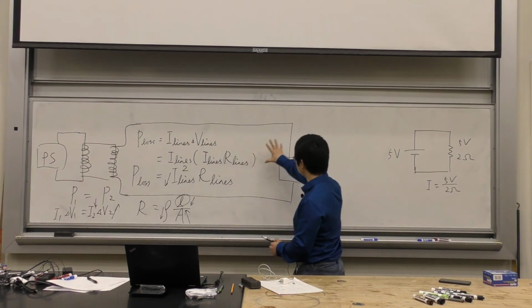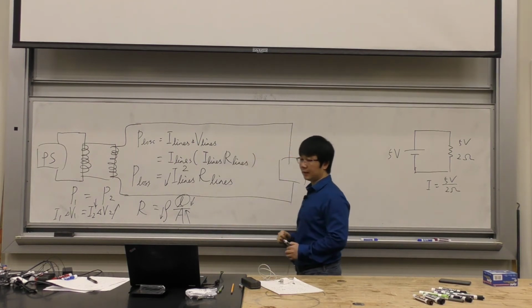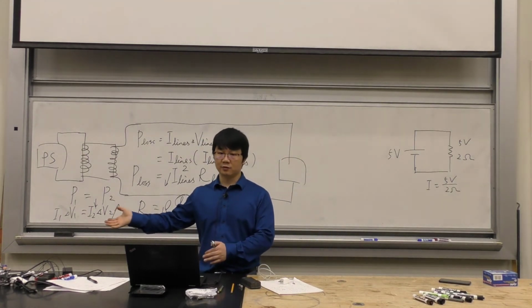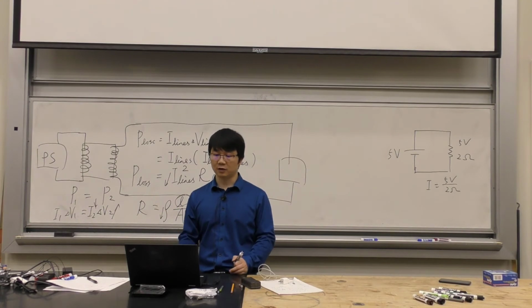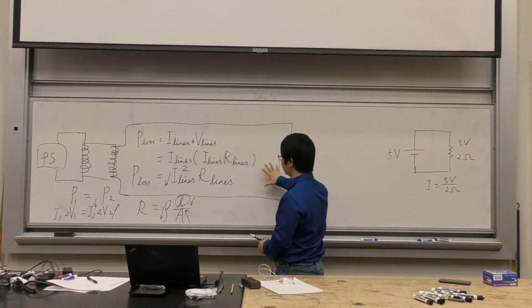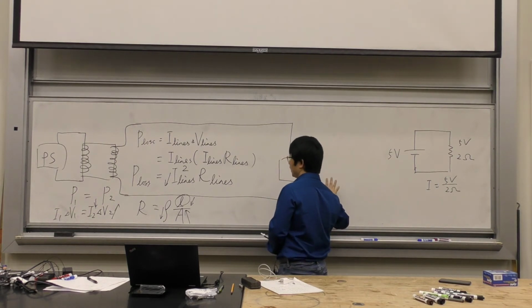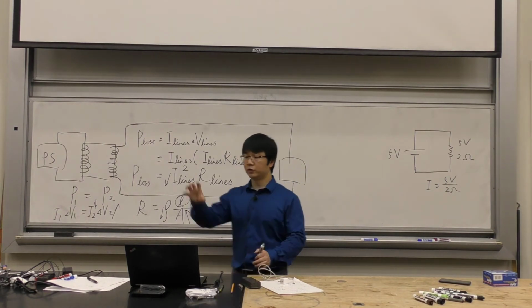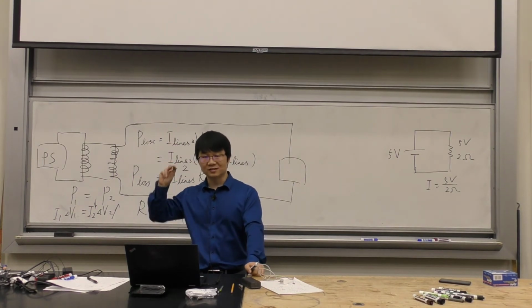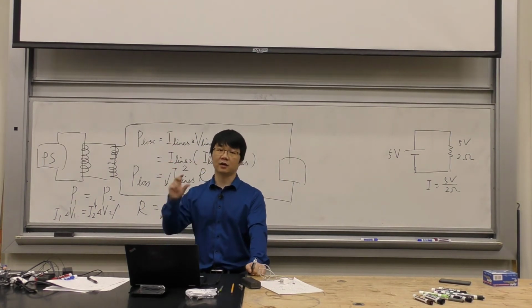And then when it comes to a community, of course I'm not going to use that high voltage in my home, right? That's going to kill me. Then we place another transformer here before it reaches anyone's home. So we reduce the voltage to a lower value, to a safe value, so that we can use that in our homes.